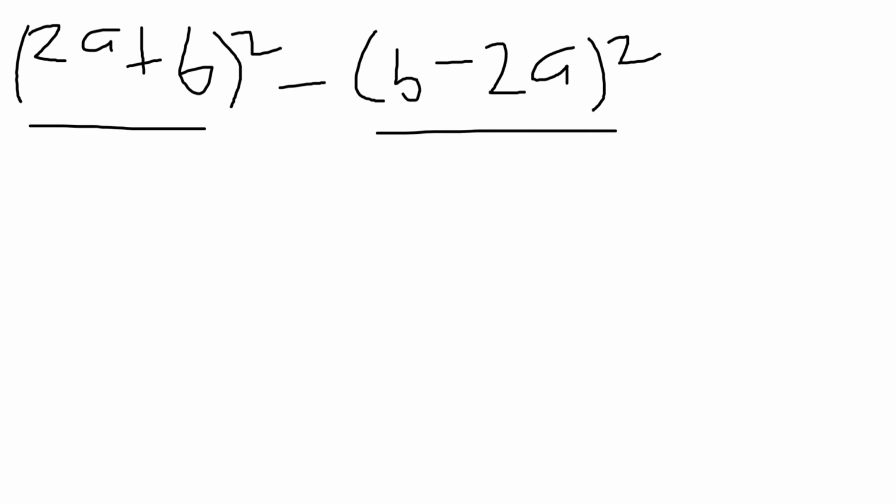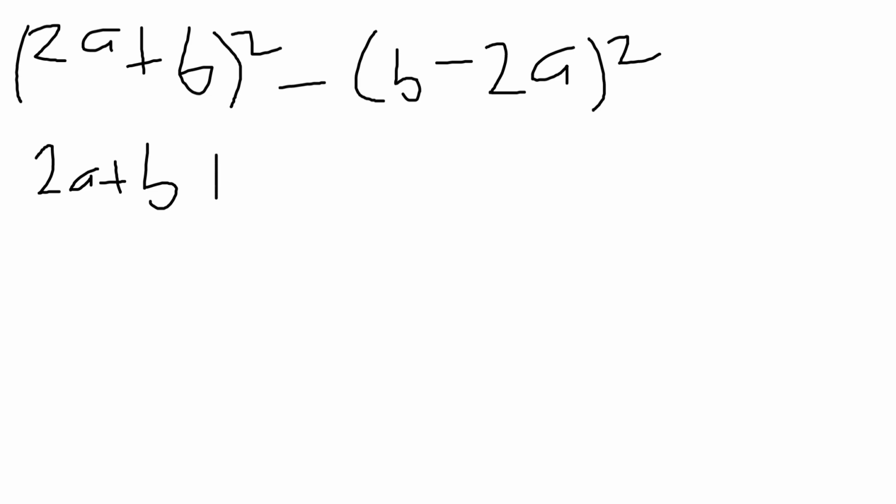So you can take the whole thing in the first bracket, and that is 2a plus b plus b minus 2a. So that's the first thing that we have in the first bracket.